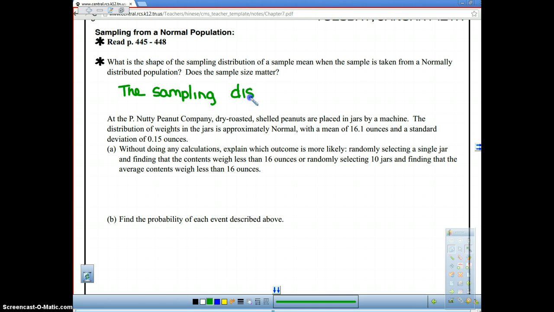Okay, it does not matter the sample size, the sampling distribution will be approximately normal as long as the population it's taken from is normal. So we need to learn how to differentiate between when I'm working with a sampling distribution and when I'm working with just a population distribution.